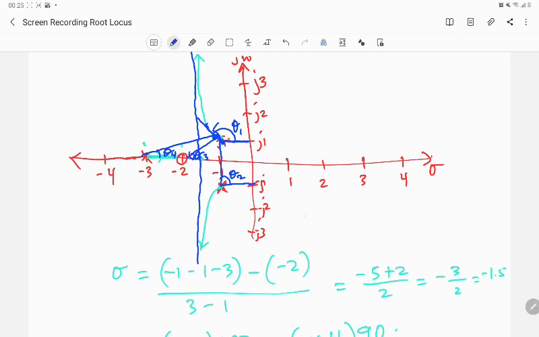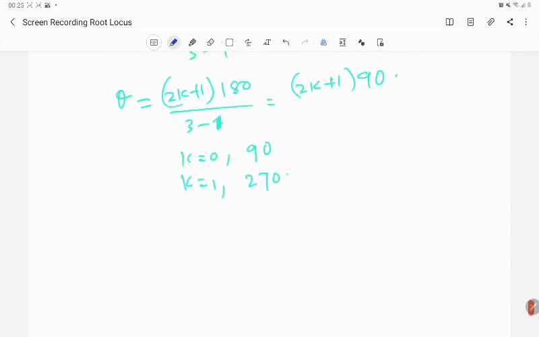If you look at it critically, minus theta 1 minus theta 2 plus theta 3, because it's an angle of contribution from a zero, minus theta 4 should be equal to 0.